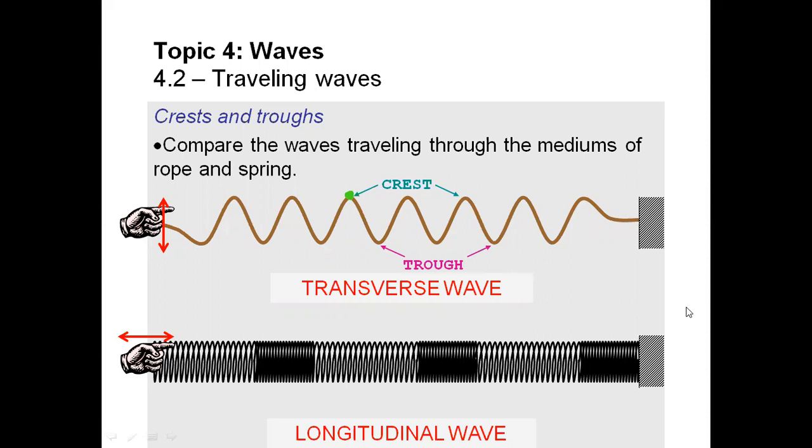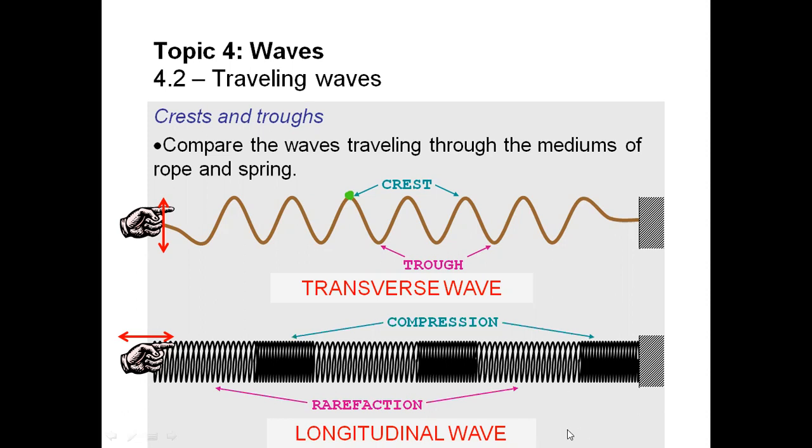What about longitudinal waves? In longitudinal waves, we will have compression. When the particles or spring loops are very close to each other, it's compression. But when these springs or particles are away from each other, this area will be called rarefaction.